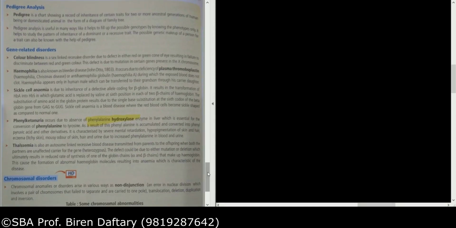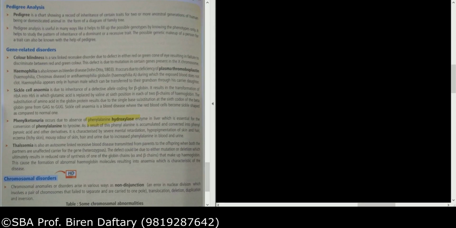Now I want to highlight this part which is given in your book. Okay, and that is related to pedigree analysis, because this topic is not there in your 12th textbook, but it is given in NEET. So first of all, what is the meaning of pedigree?